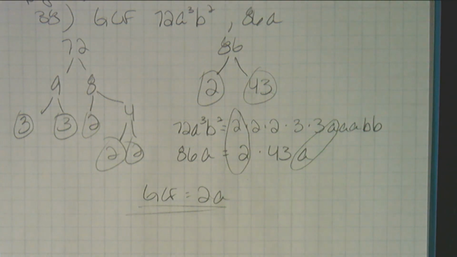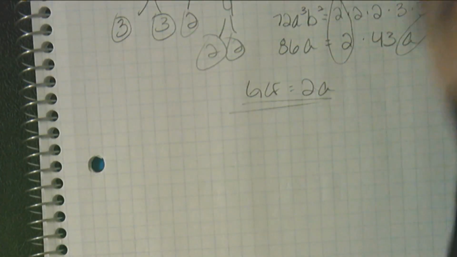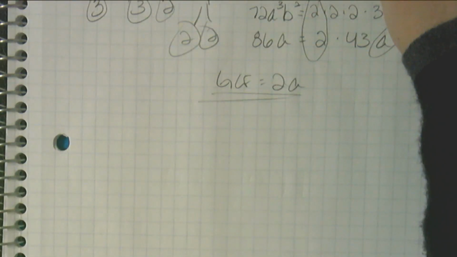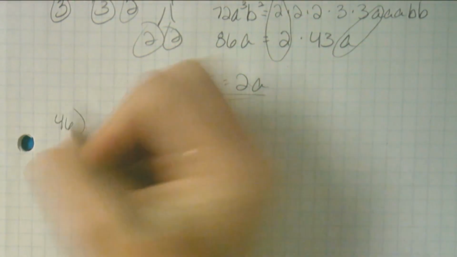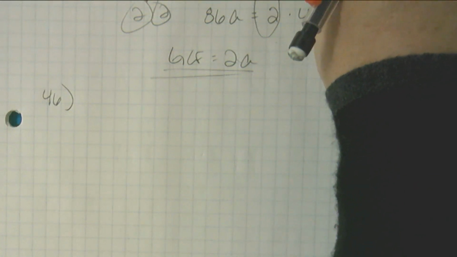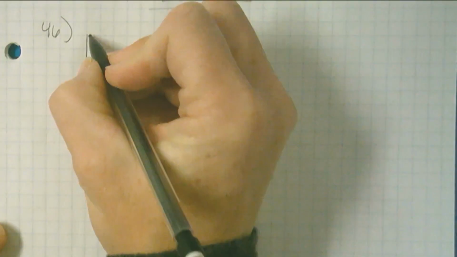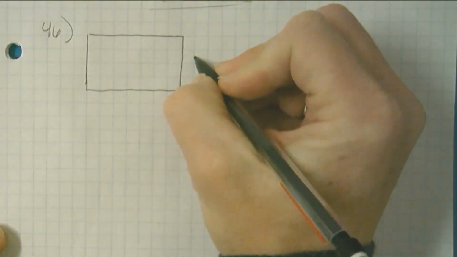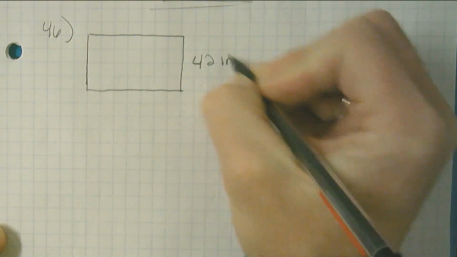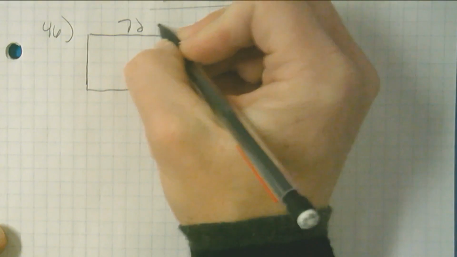Okay, so let's take a look at number 46. So 46 said you want to cover the walkway of your community garden with square tiles. The space you want to cover is a rectangle. So we have a rectangle. Is 42 inches wide by 72 inches long.